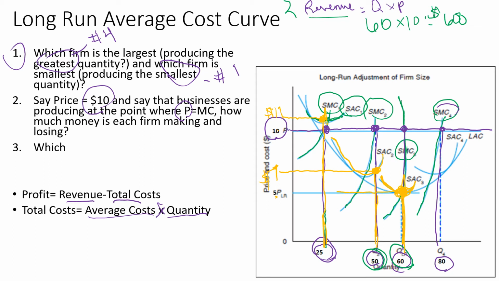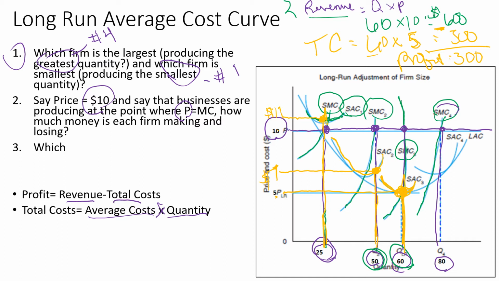And if we follow that over, that's going to be $5. So they're producing 60 and it's costing them, total cost equals 60 units times $5 per unit. That's all it's costing them to produce. So 60 times 5 is 300. So their revenue is 600 minus their cost of 300. So their profit, 600 minus 300, is $300. So $300 profit for firm 3.